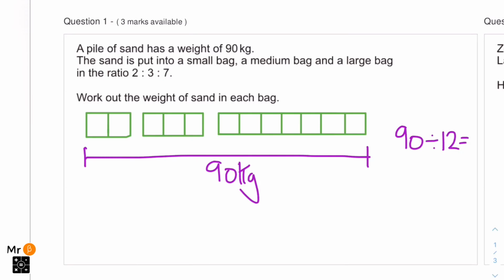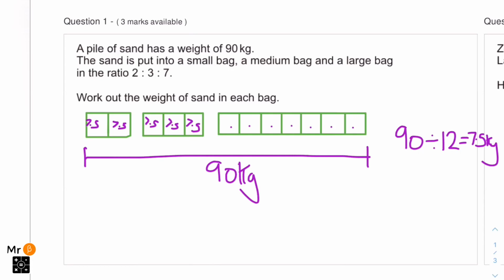So now if you work out what 90 divided by 12 is, you'll get what answer goes in each box. So each box must be worth 7.5 kilograms. Okay, so each of these would also be 7.5 kilograms.